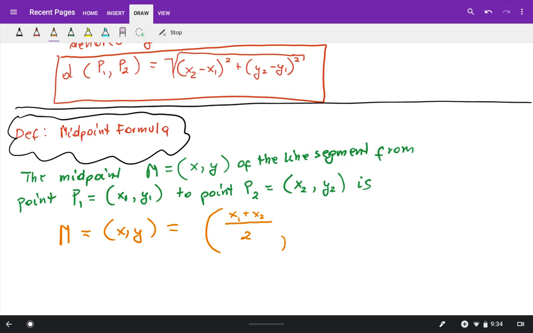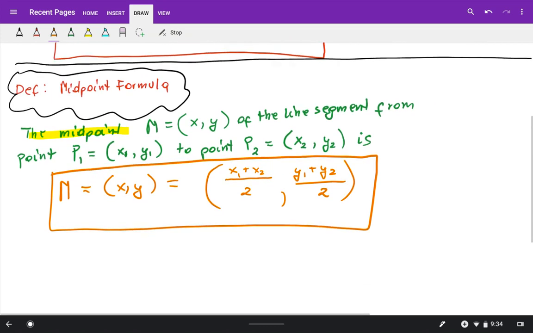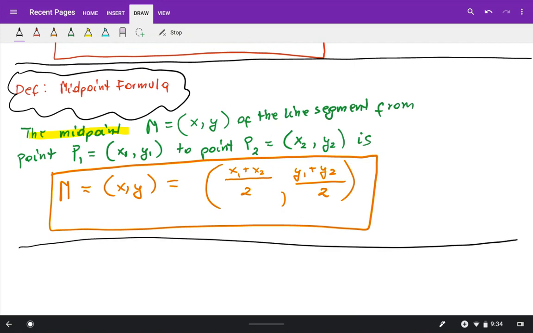And to find the y coordinate, I'm adding the y coordinates of points P1 and P2 and dividing that by 2. So this is the midpoint formula between 2 points. Okay, it also has to be memorized. And now we're going to use those 2 formulas and practice problems.